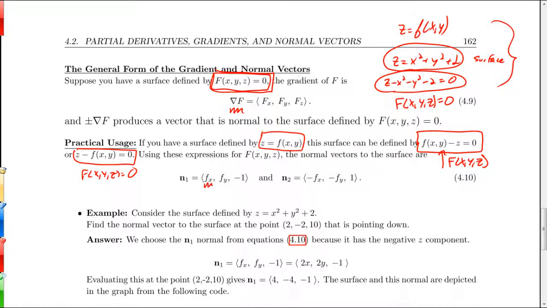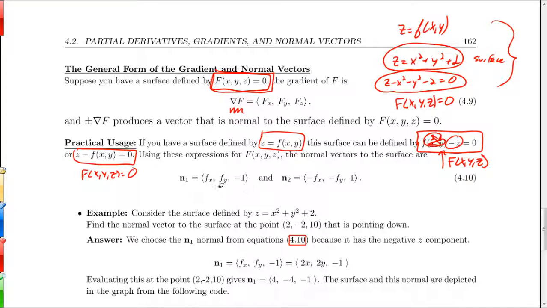And I'm just left with the partial of little f with respect to y. And the partial derivative with respect to z, well, x and y are constant, so this thing is just gone. The derivative of that with respect to z is negative 1. So I just basically get my partials of the original function and then a negative 1 in the z direction.